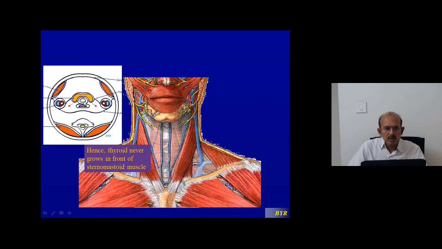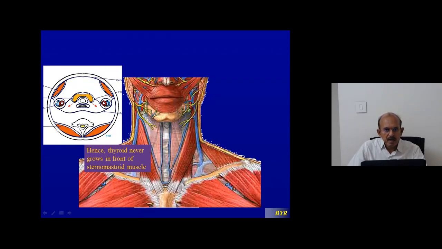In the neck, these are the only 2 viscera, one is the trachea, another is the esophagus, and of course, the third one is the thyroid gland. So these 3 are the viscera of the neck. You can look here, the visceral compartment of the neck is enclosed between these 2 layers. Anteriorly, the pretracheal fascia, posteriorly, the prevertebral fascia. This is the vertebral body, and this is the prevertebral fascia.